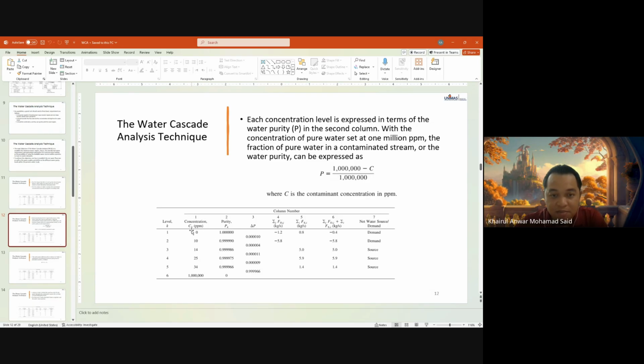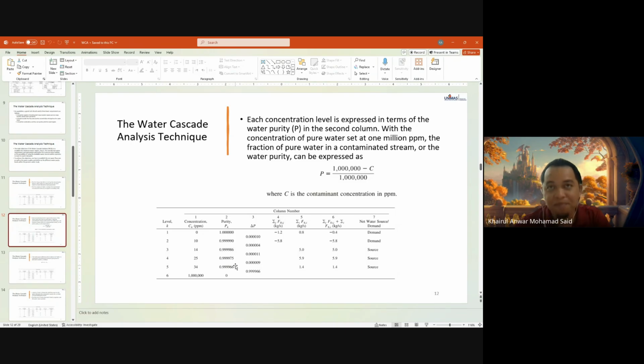Since the first row, level 1, has C equal to 0, P is automatically 1.000000. It must show a significant number of digits because the changes occur at the end. You see, this is 90, this is 86, but before that it's 9999.